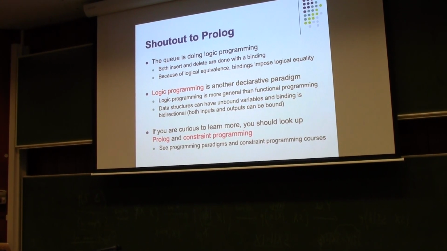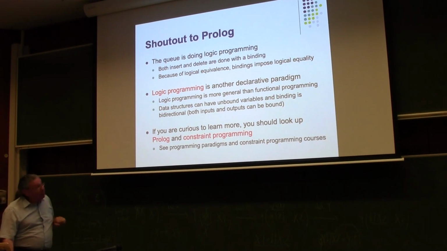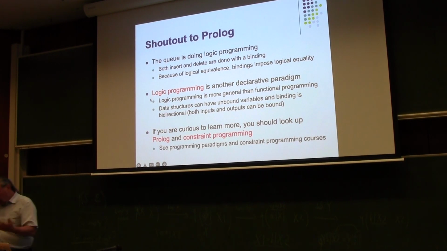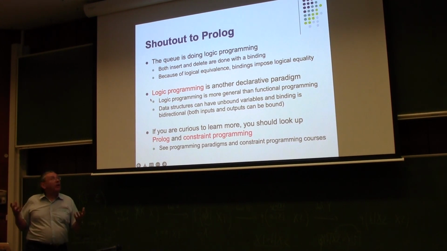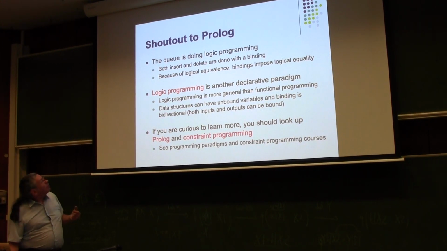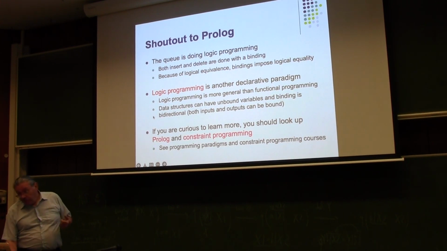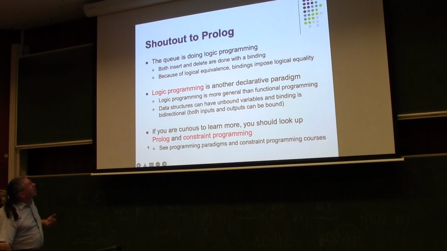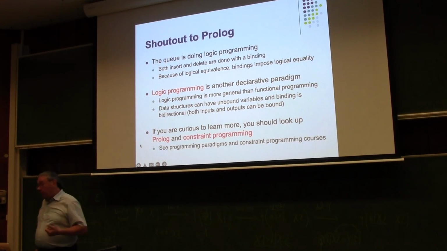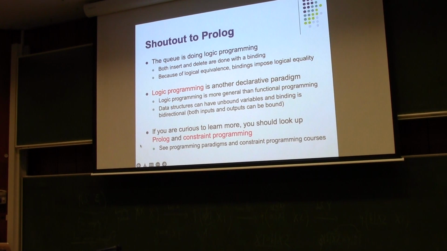So first order logic, yeah? This is logic programming, and logic programming is another declarative programming paradigm, where instead of doing functions, you manipulate logic formulas, okay? It's more general than functional programming, actually. Data structures can have unbound variables in them, and binding is bidirectional. So this is, in fact, a new declarative paradigm, and a very powerful one.